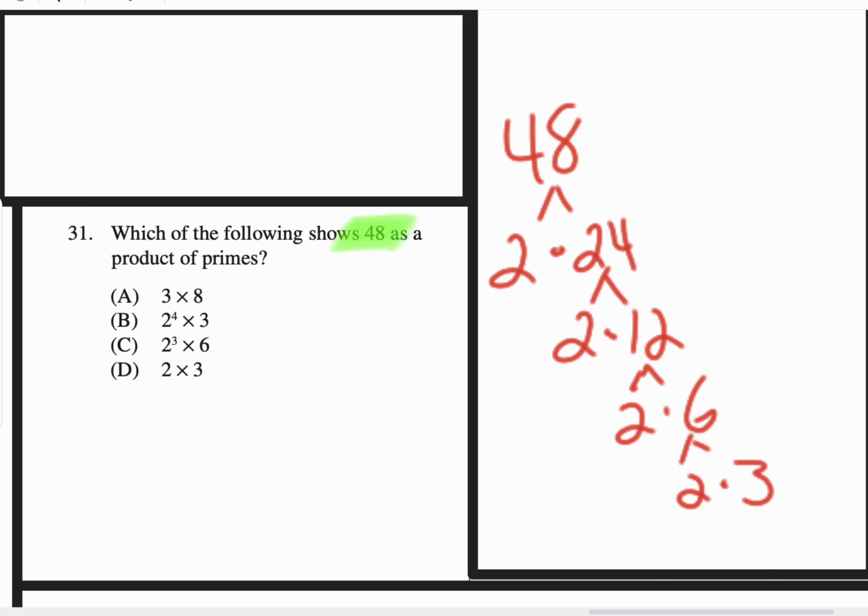Let's circle how many 2's we have. 2 is the lowest prime factor. 1 is not a prime number. 2 is, however. Circle how many 2's we have.